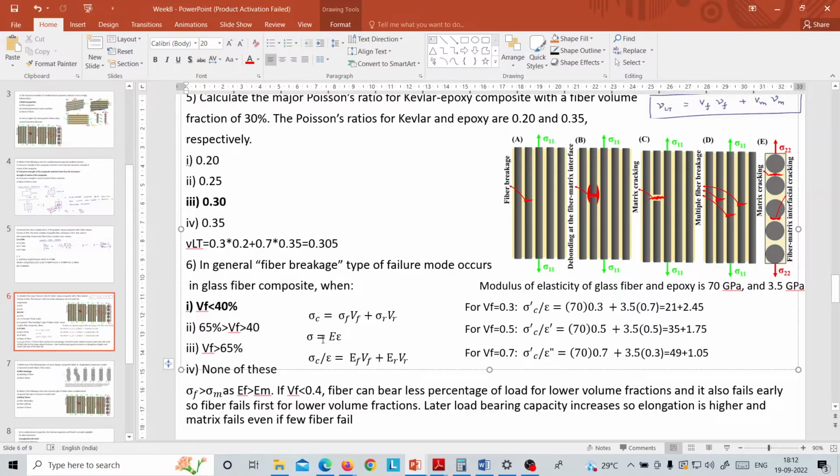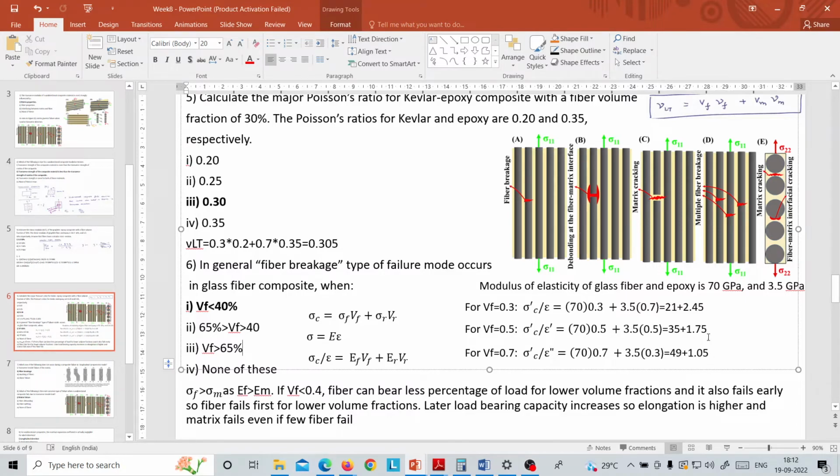So 49 divided by the Young's modulus will give the strain value in this case, while 35 divided by the Young's modulus, which is a constant quantity, will give the strain in the matrix in case 2, while 21 divided by the Young's modulus, that is 70, will give the strain in this case. We can see that the strain in each case is different because we are dividing 21 by 70, 35 by 70, and 49 by 70.